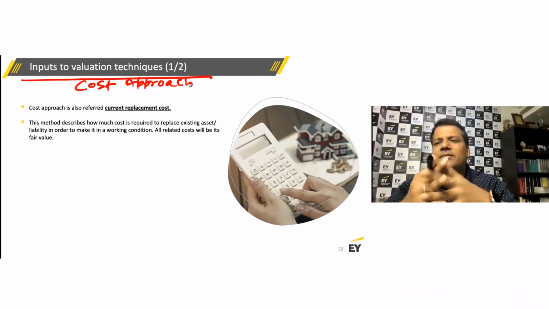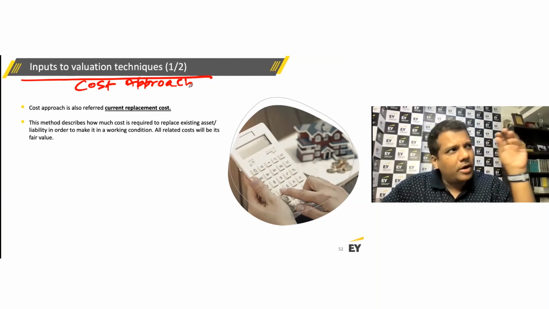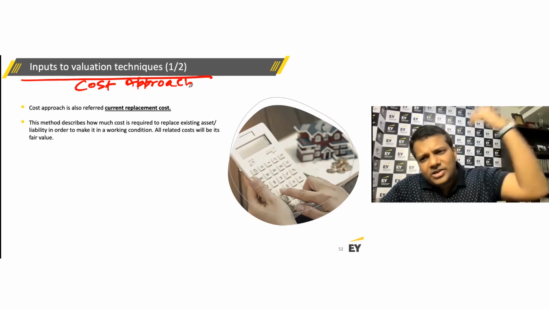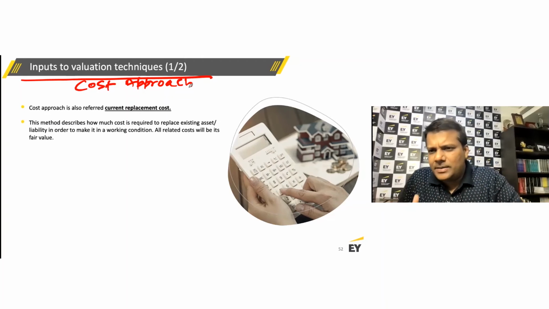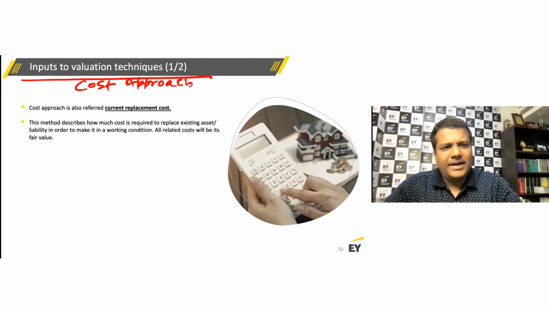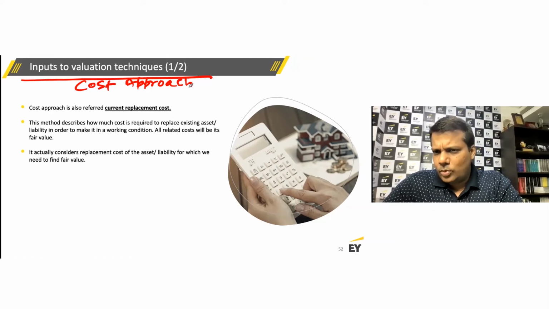So that's how you try to value some of the asset-heavy businesses, which may not be represented in the earnings, but the potential to generate earnings is there, because these are cyclical businesses. For some periods the prices are depressed, for some periods the prices are sky high. So that's how you fair value some of these. Current replacement cost describes how much cost is required to replace the existing asset or liability in order to make it work.